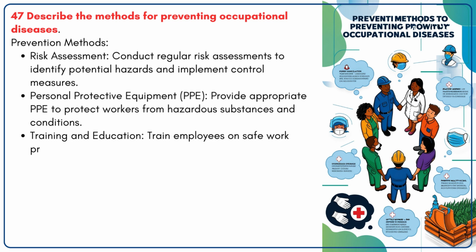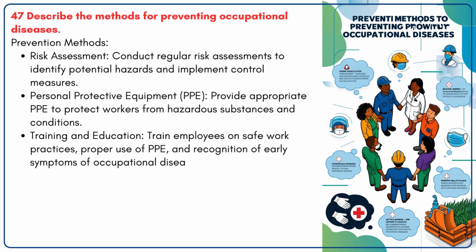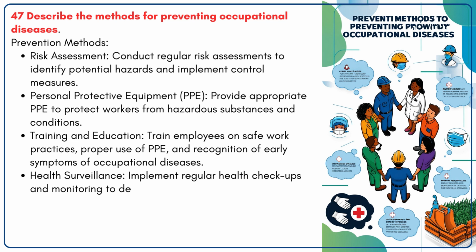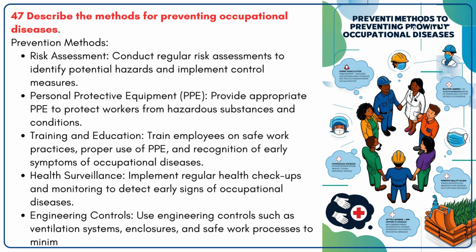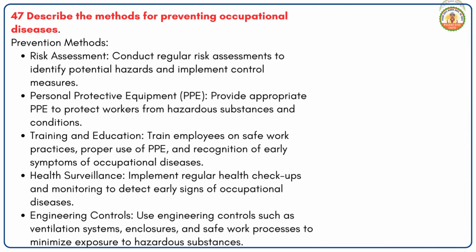Train employees on safe work practices, proper use of PPE, and recognition of early symptoms of occupational diseases. Health surveillance. Implement regular health checkups and monitoring to detect early signs of occupational diseases. Engineering controls. Use engineering controls such as ventilation systems, enclosures, and safe work processes to minimize exposure to hazardous substances.